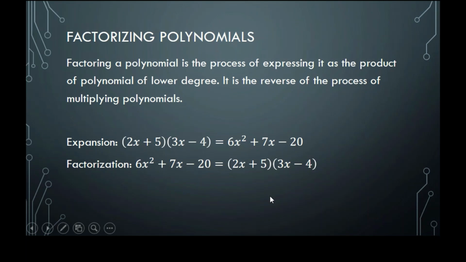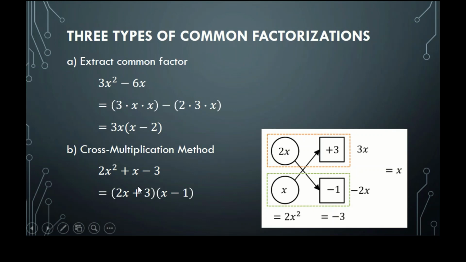There are three types of common factorization. The first one is called extract common factor. For example, we have 3x squared minus 6x. If we expand this one, we have 3 multiply x multiply x, and 6x is actually 2 times 3 times x.